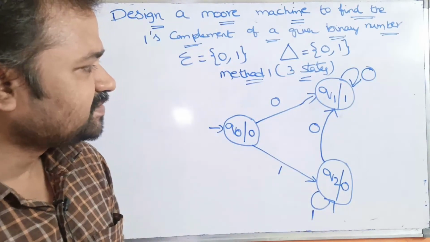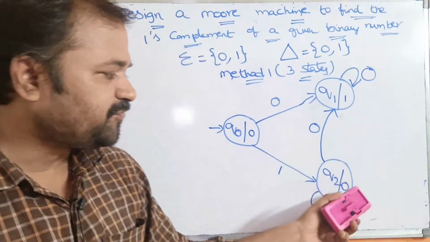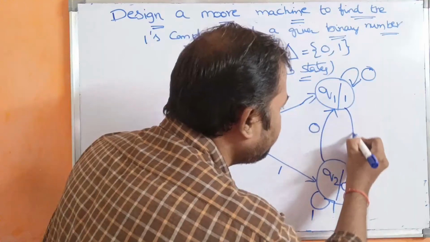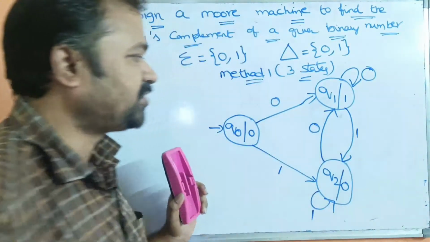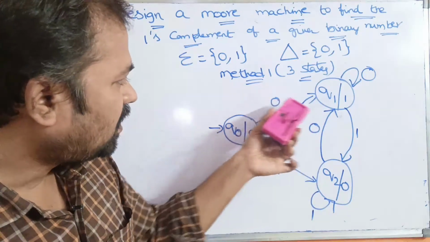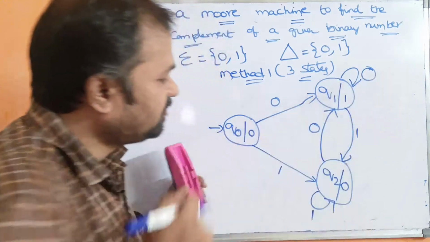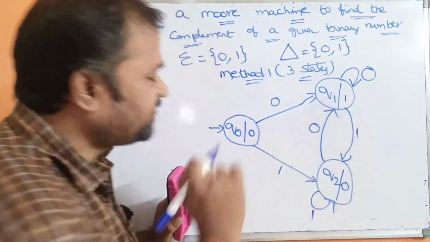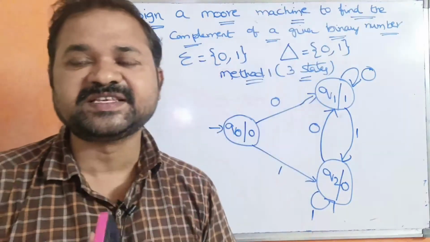Likewise, here the output of Q2 is 0. So when the output is 0, the input is 1. So if we apply 1 on Q1, we will get 0 as the output. So now Q1 has transitions on 0 and 1. Q2 uses a 0 symbol as well as a 1 symbol. So this is the Moore machine for solving this problem.